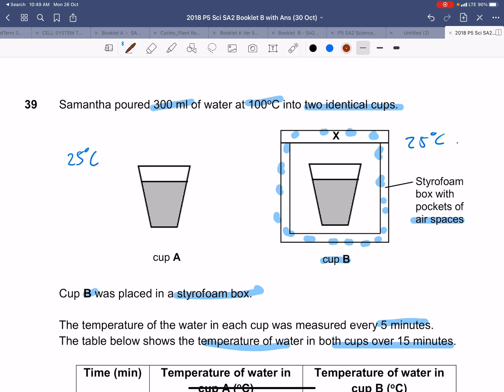But it is said that the water is at 100 degrees Celsius, right? So heat will definitely travel from this point to this region. Now, the only difference is that heat is lost from the cup at a much slower rate in B due to the air spaces, because air is a poor conductor of heat.